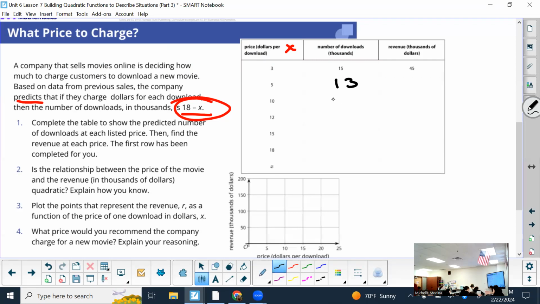What's my number of downloads? 8. Table 1, when X is 12, what's my number of downloads? 6. Table 2, when X is 15, what's my number of downloads? Table 3, when X is 18, what's my number of downloads?